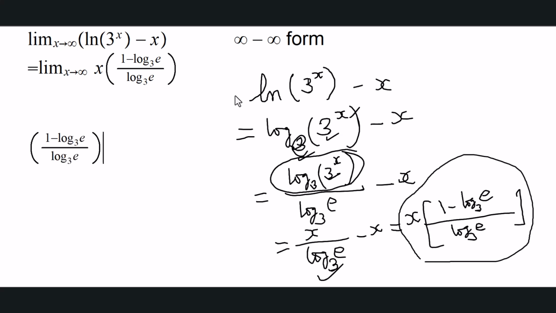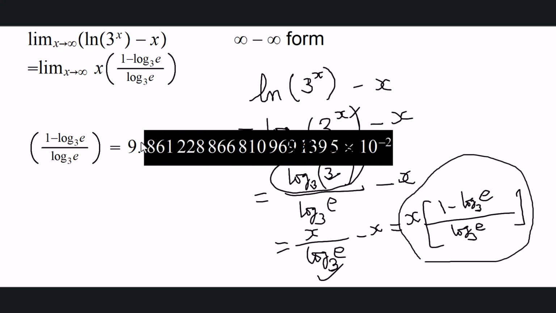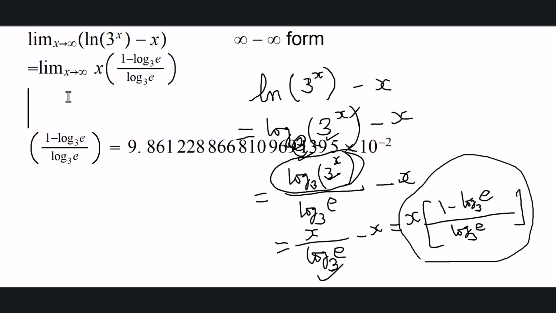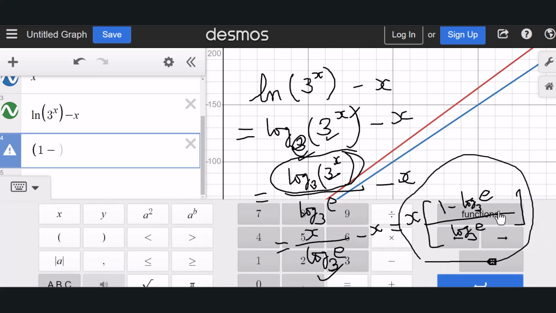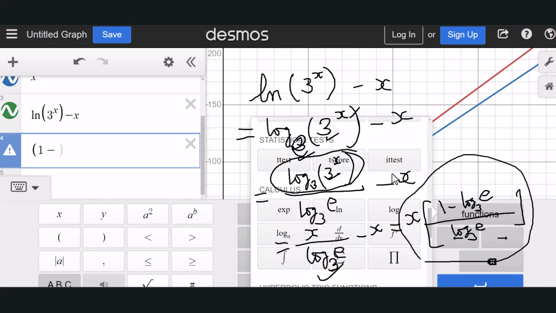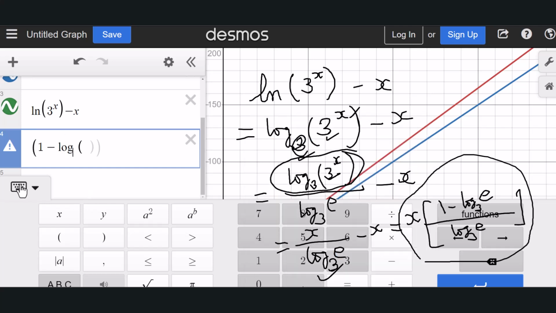Let's have the software evaluate that, and you can do that in Desmos. What you see here is a tiny quantity, but infinity times a positive quantity, no matter how tiny, if it is constant, which it is in this case, will be what? Infinity again. You can see this in Desmos by calculating the value. We have to write that function again. Remember, we can go to calculus and write it from there.